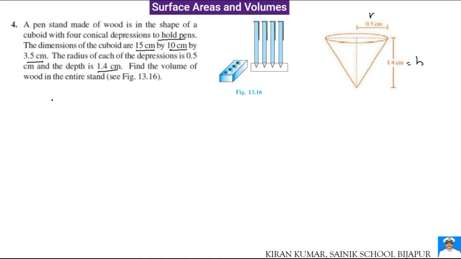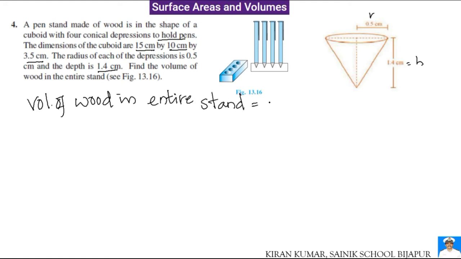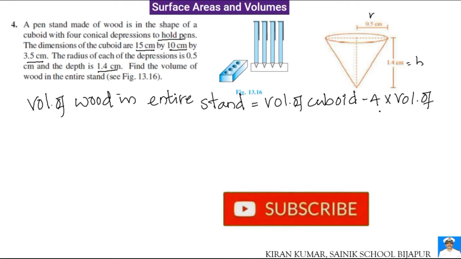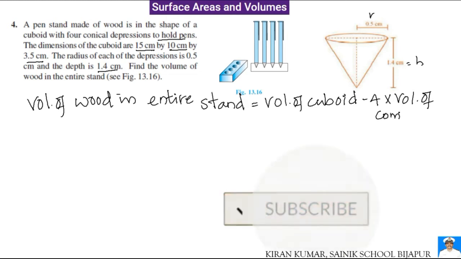So let me mention that volume of wood in entire stand will be equal to volume of cuboid minus 4 times volume of conical depression.